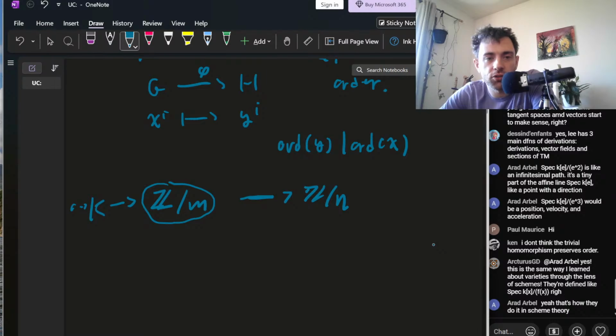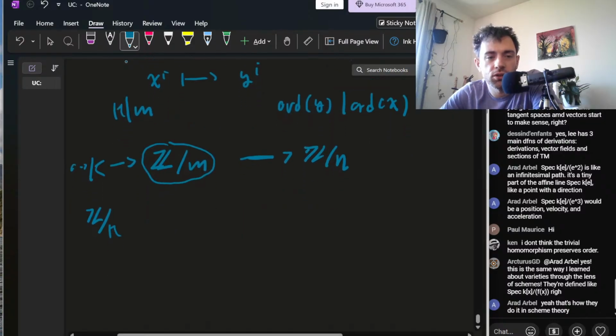And so all of the subgroups of this are just going to be of the form ZK, where K divides M, right? And then, if K divides M, let's say it has to be like kn, what you're going to get here is some map like this.